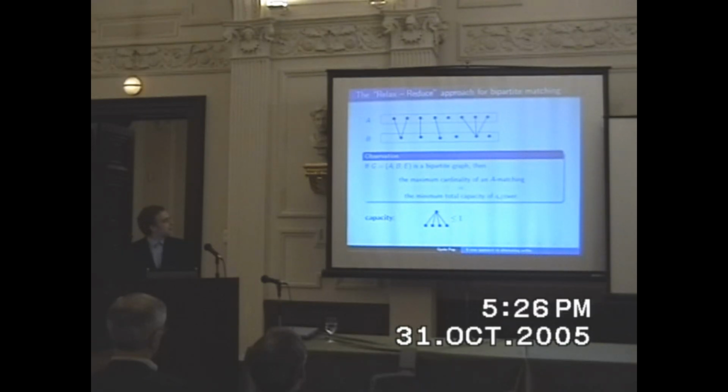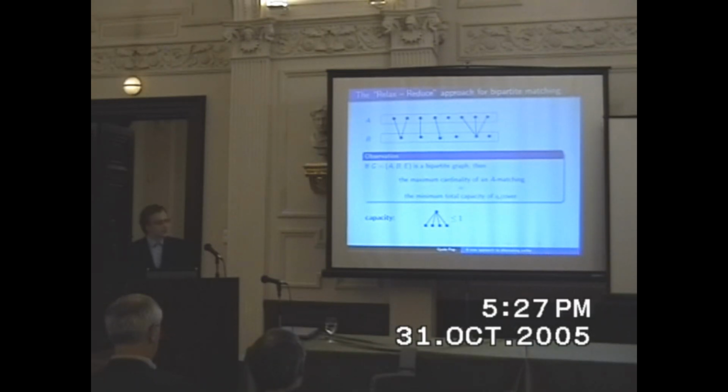Given a bipartite graph, a set of edges is called an A matching if the edges in this set hit pairwise distinct nodes of A. So this is a relaxation of matching.